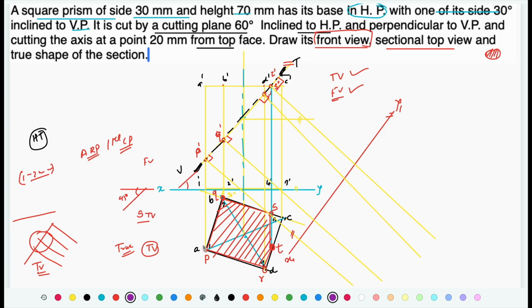Take the distance of point P from the original xy line. So from here take the distance of point P in a compass. Keep the compass on the projector of P on this newly created reference line x1 y1 and locate the point P.